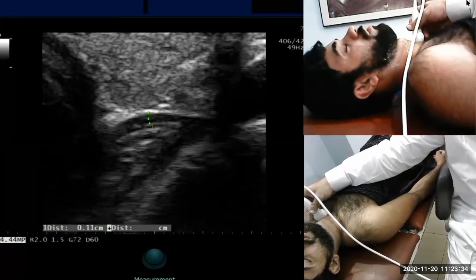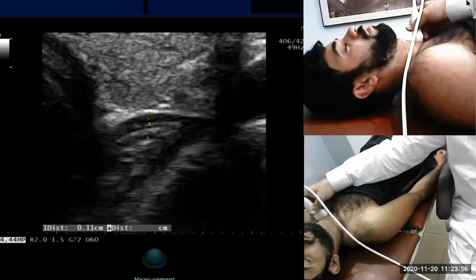After this muscle is a white line, which is the submucosa. And then is that black line, which is the mucosa, and the lumen is white. This is the lumen.